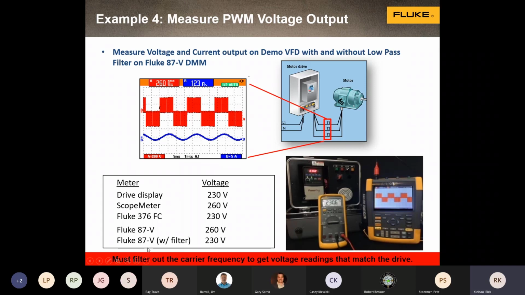When I push the little button on the 87, it begins to match the drive. Had I used the 376 FC, it would have matched the drive also. The 376 FC and the 378 FC both have a low pass filter that's always engaged just so you can get readings that match a VFD.